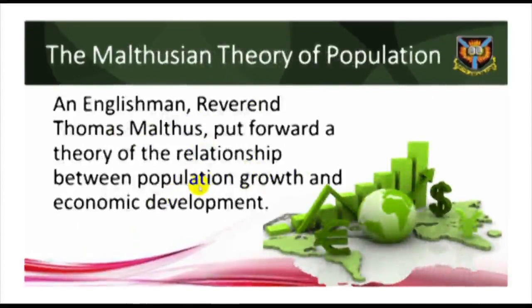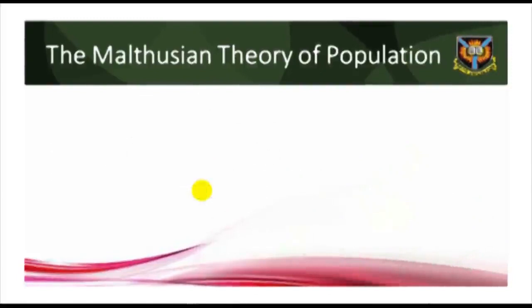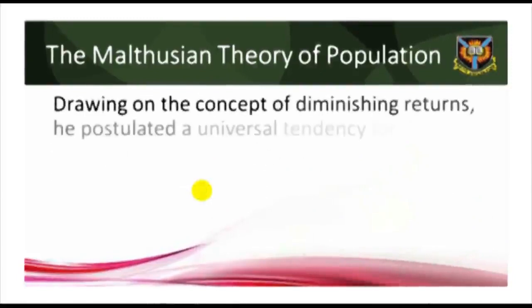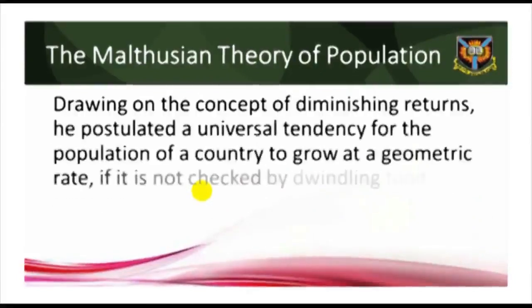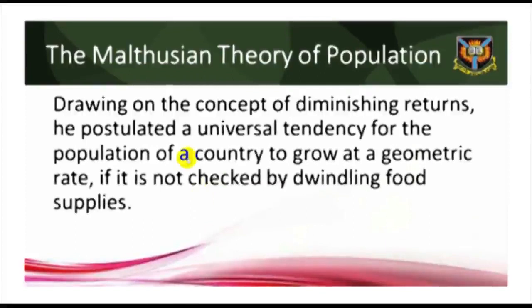Drawing on the concept of diminishing returns, he postulated a universal tendency for the population of a country to grow at a geometric rate if it is not checked by dwindling food supplies. Due to diminishing returns to the fixed factor, that is, land, supplies could expand only at a roughly arithmetic rate.